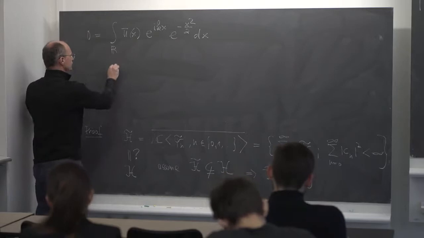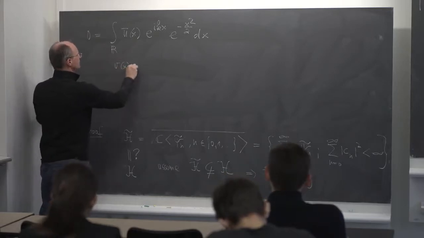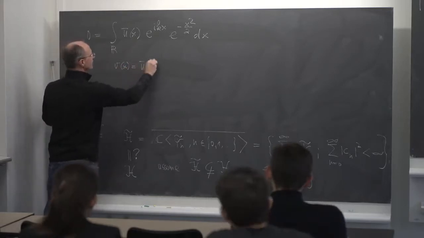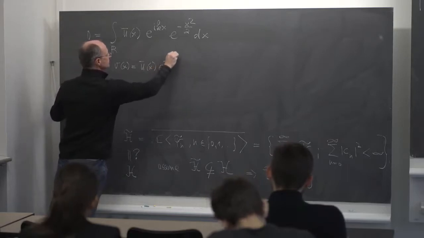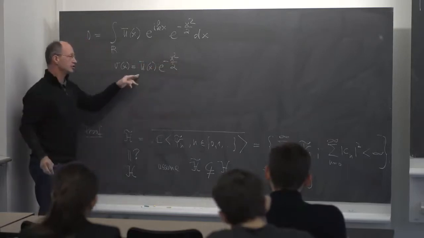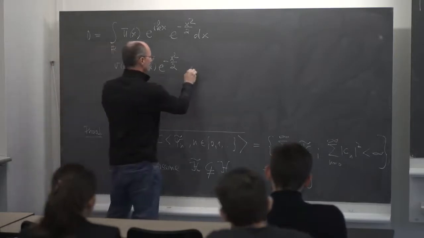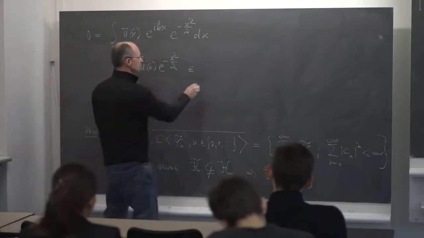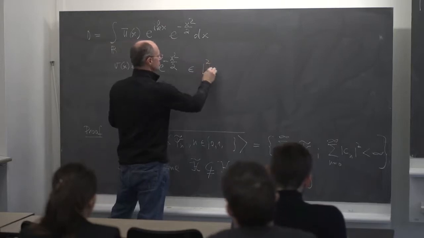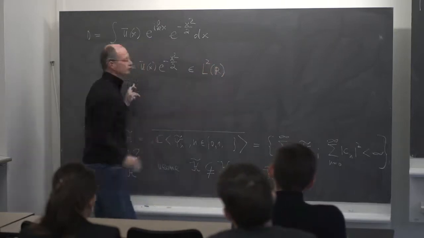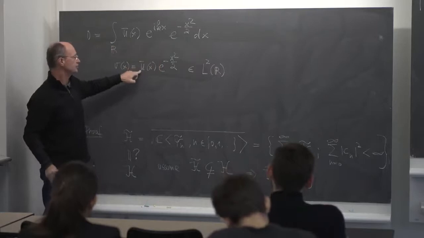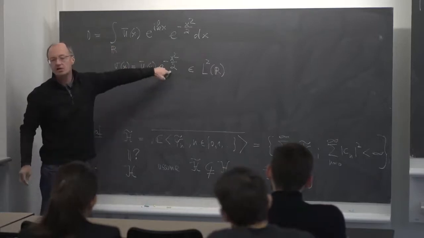Now let me introduce a new function, v of x, which is u bar of x times exponential minus x squared over 2. Note that this function is obviously in L2, because u was in L2, and we multiplied it by something bounded.